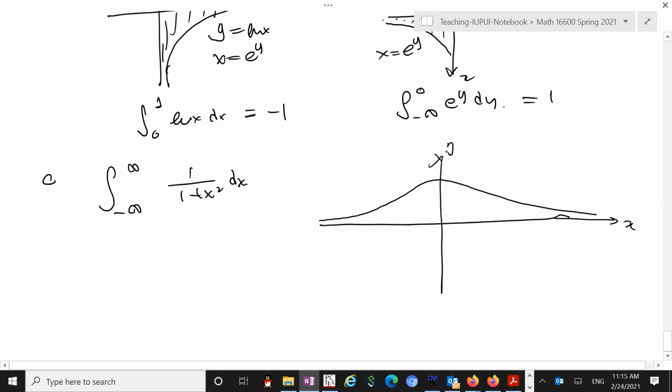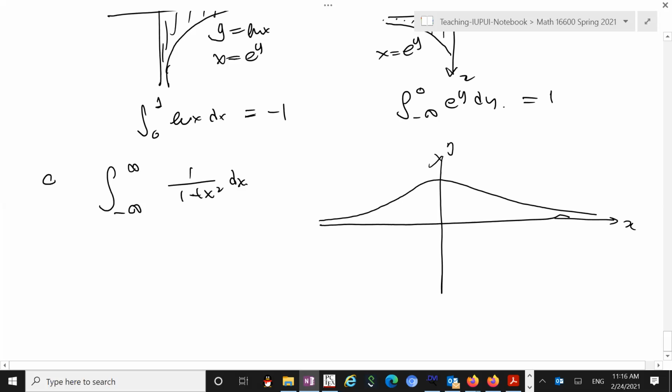The geometric meaning of this integral is the area of the region under that curve. The region is pretty fat in the middle, then both sides very slim. Does it have a finite area? My answer is yes.